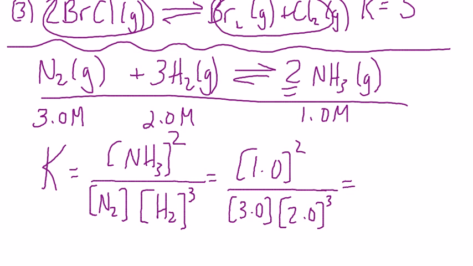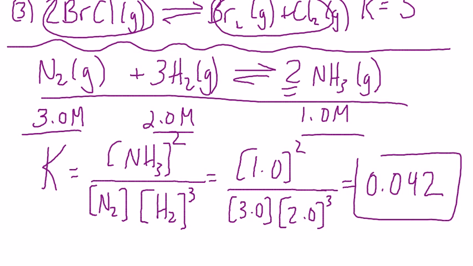Plugging into our calculator, we get 0.042. 0.042 is neither very large nor very small, indicative of the fact that you'd have similar concentrations of reactants and products once equilibrium is reached.